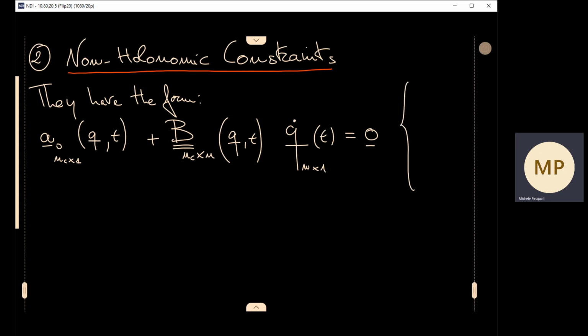Again, remember nc is the number of constraints, then n is the number of the q's.